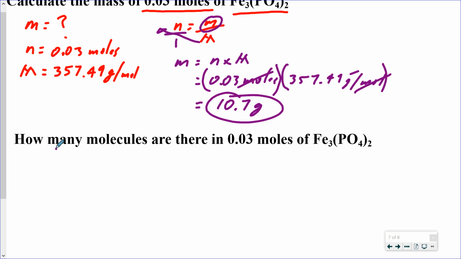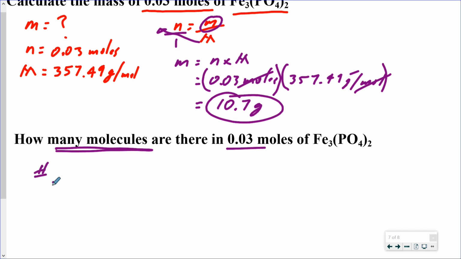So how many actual individual molecules are there in 0.03 moles of iron 2 phosphate? If we had 1 mole, it would be 6.02 times 10 to the 23. But here we only have this many moles.